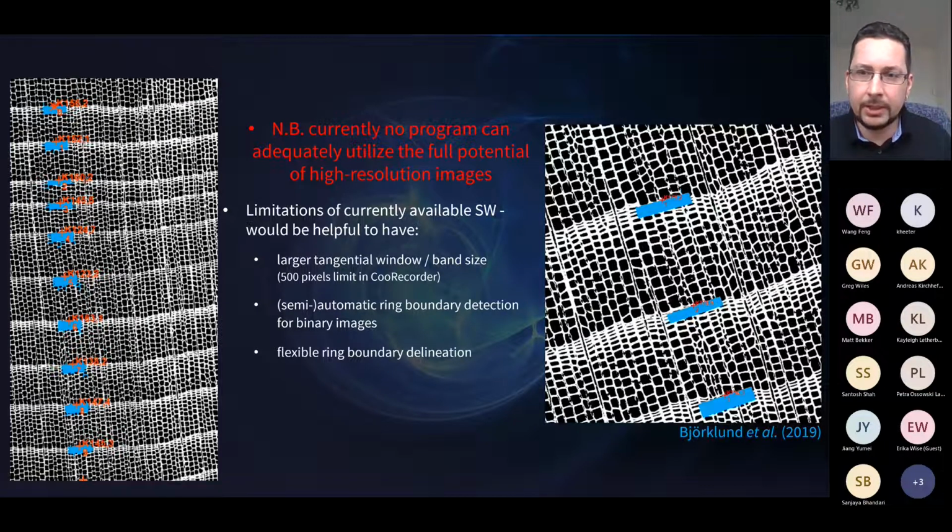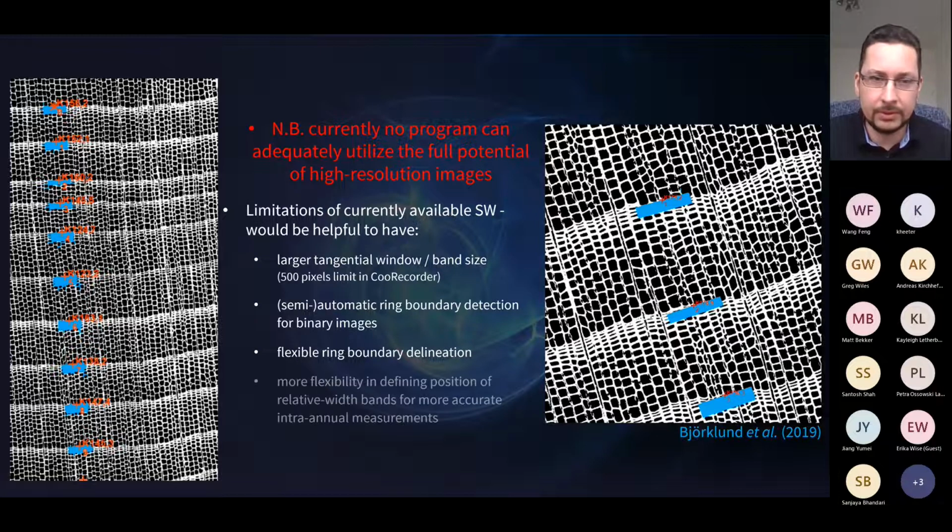Having a more flexible boundary system to represent the boundary of one ring and the next would be very useful, because it would make it easier for the latewood surface intensity to get that area of highest density and not, for example, include the earlywood of the next ring, which obviously introduces some noise.